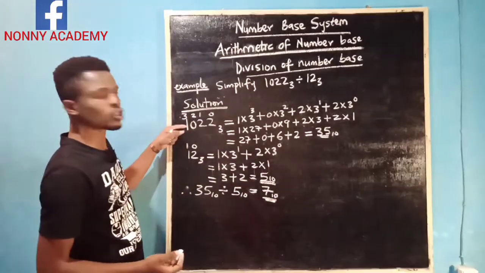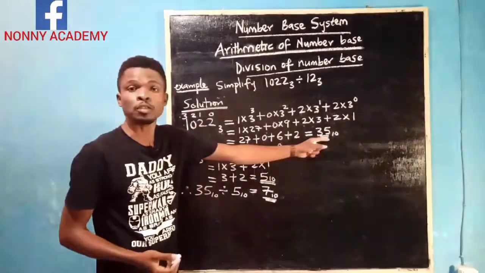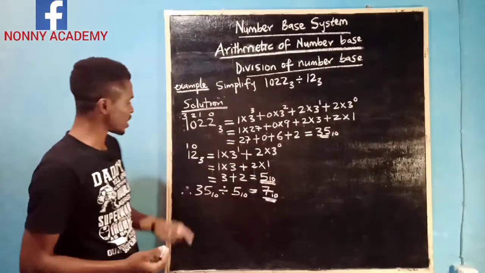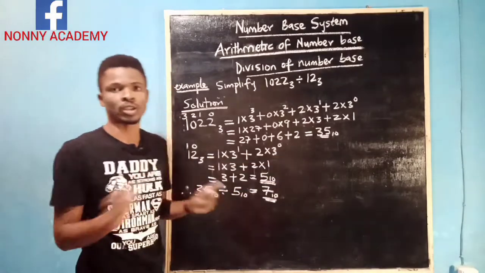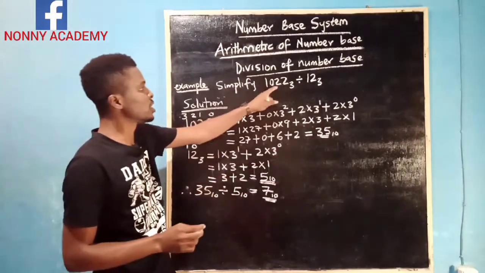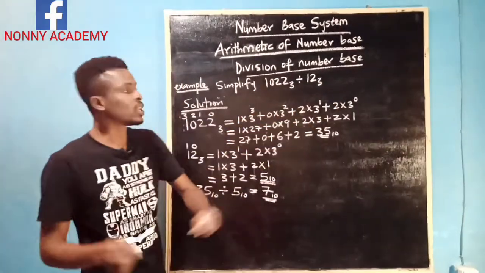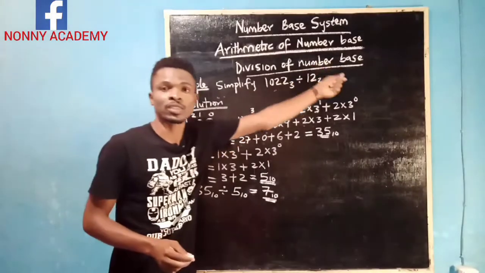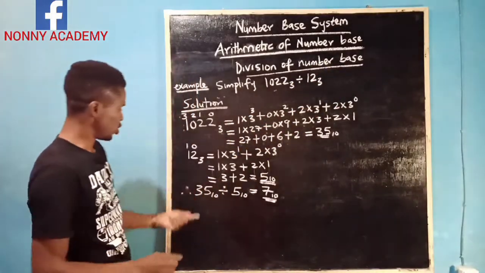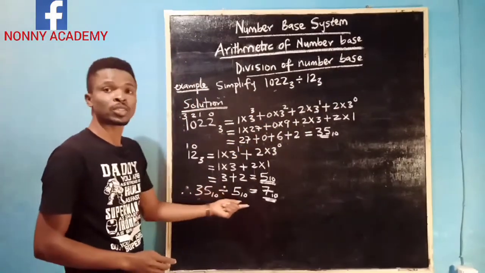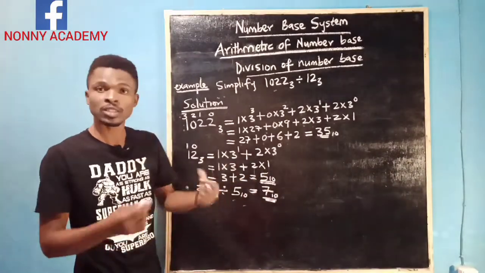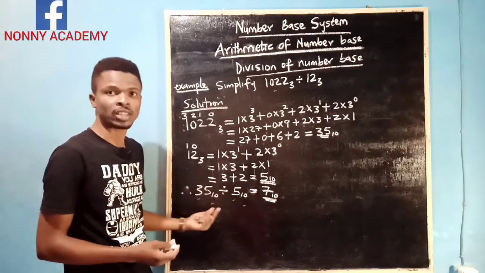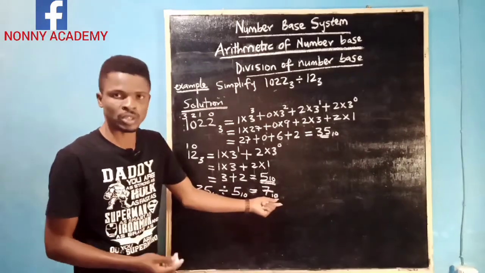The answer I got from this, which is 35 in base 10, and the answer I got for this, which is 5 base 10, I will divide them together. Since the question says this divide by this, so I will say this answer divide by this answer in base 10. So 35 base 10 divided by 5 base 10 is equal to 7 base 10. 35 divided by 5 is 7. Then because we have base 10, that's why I have 7 base 10.